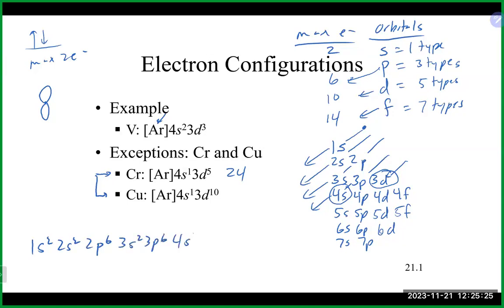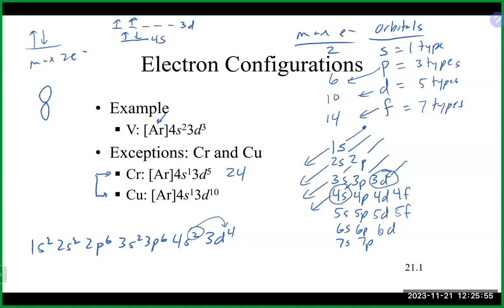And if you just went by the regular order there, you would go 4s2, 3d4. It's been found experimentally to be more stable by having an extra electron up in the d orbital, and that's able to be done because they are very close in energy, the 4s and the 3d. So we go into the 4s first, and then we start filling the d orbitals.